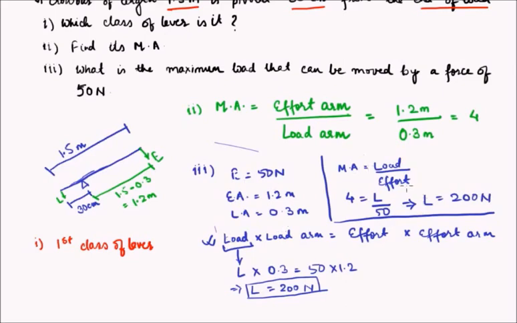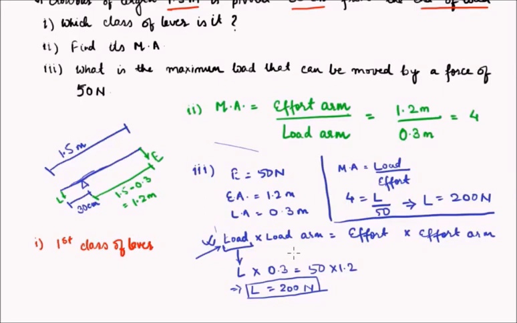We did this part by using the relation load into load arm is equal to effort into effort arm, but we might have done it in an alternate way. How come? We know that the mechanical advantage is load upon effort. So since we are assuming an ideal system with no losses, we can directly use this.